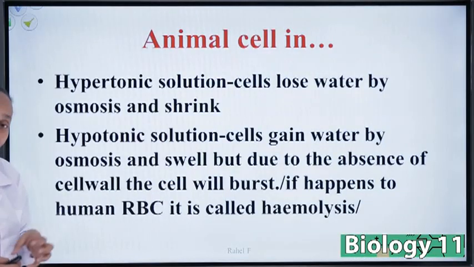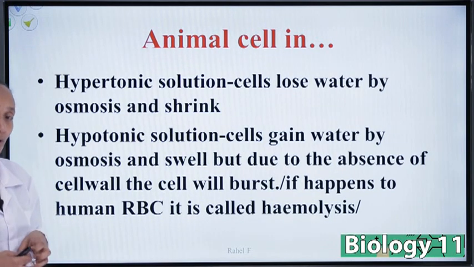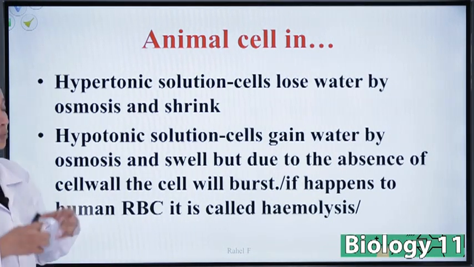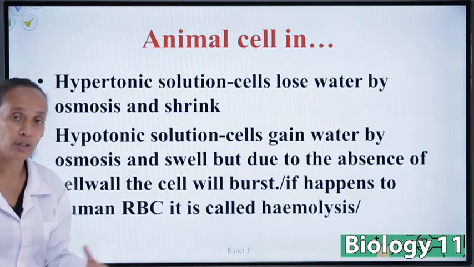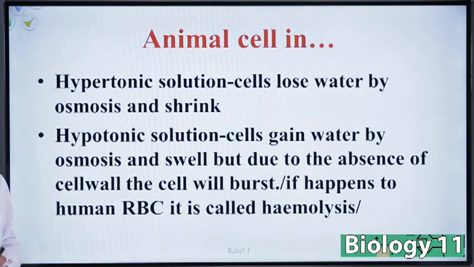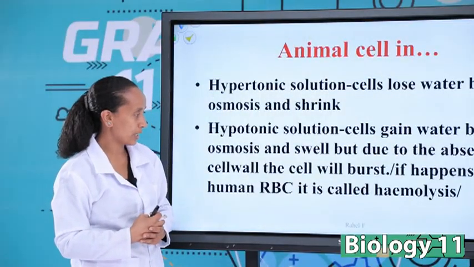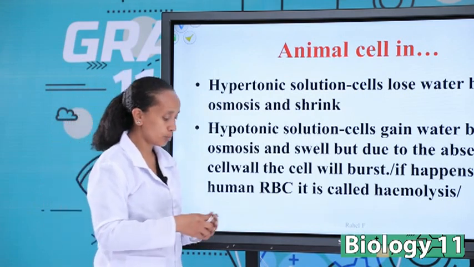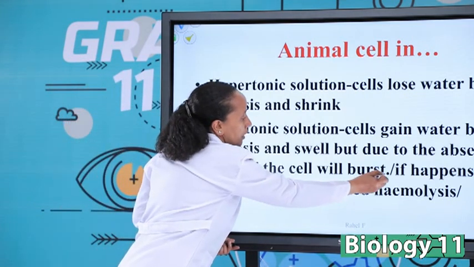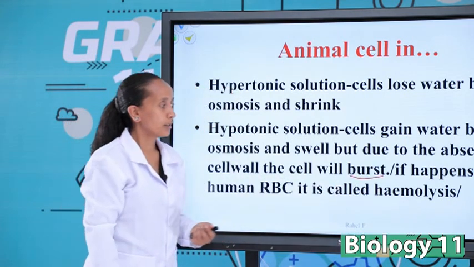But since animal cells have no cell wall, swelling in an animal cell will lead to rupturing of the plasma membrane. And we call this process bursting. The cell will burst.